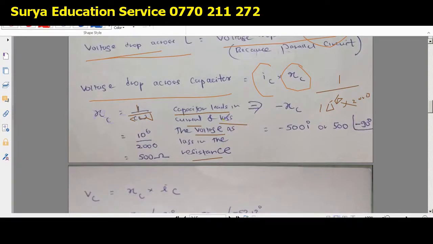That means capacitors lead in the current, right? The reason is capacitors lag in the voltage. Because of that, capacitors will lead in the current. Okay, so that part is okay.